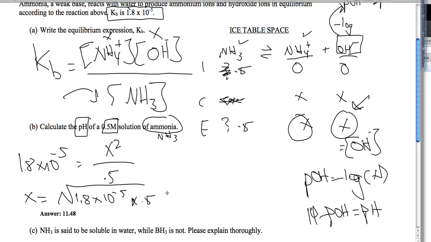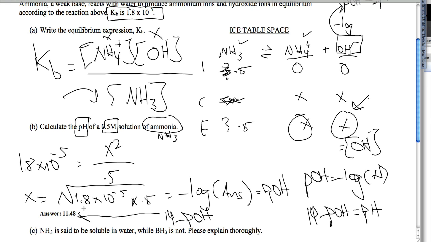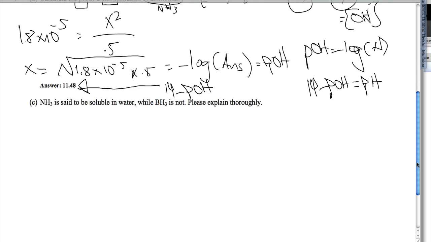And then I'm going to take the negative log of my answer to that, and I'm going to get the POH. Then I'm going to take 14 minus the POH, and I should end up with 11.48. So I want you guys to keep doing this until you end up with 11.48 for your answer.